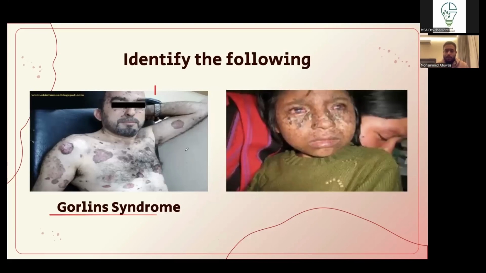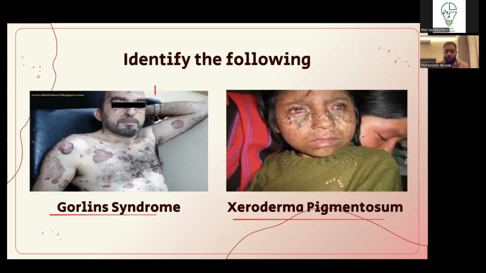But if I ask you if there's a gene mutated in basal cell or causing basal cell, what is it? PTCH. Answer PTCH. There's another disease causing increased damage from sun, which causes both squamous cell and basal cell, which is xeroderma pigmentosum.